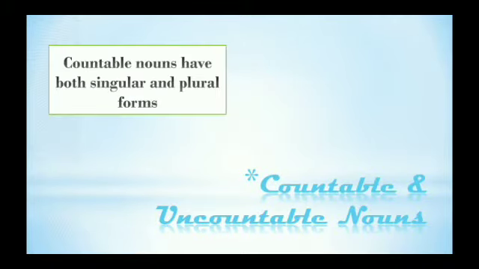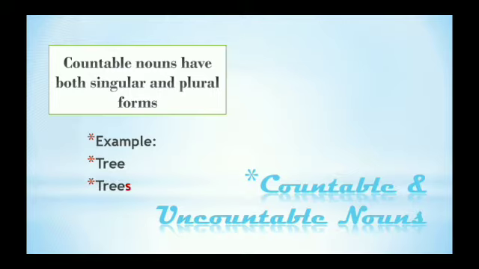Remember, countable nouns have both singular and plural forms. Singular means one and plural means more than one. Examples: tree. Tree is the singular form and trees is the plural form.